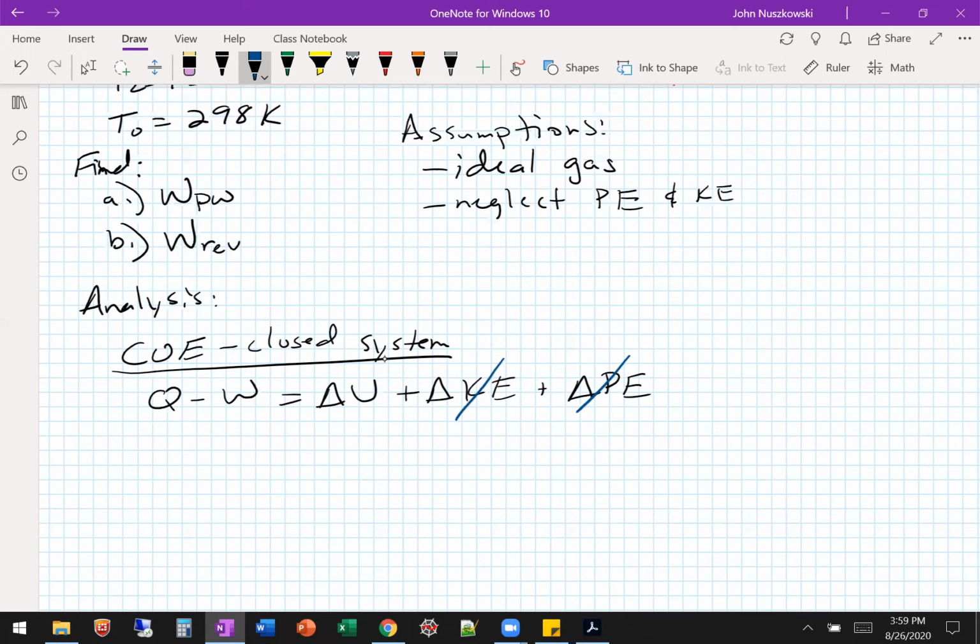What about heat transfer? It's insulated, so we can assume adiabatic. That's well insulated, okay? So that gets rid of Q. Then the only work term we have is paddle wheel work. There's no boundary work, right? It's a rigid tank.